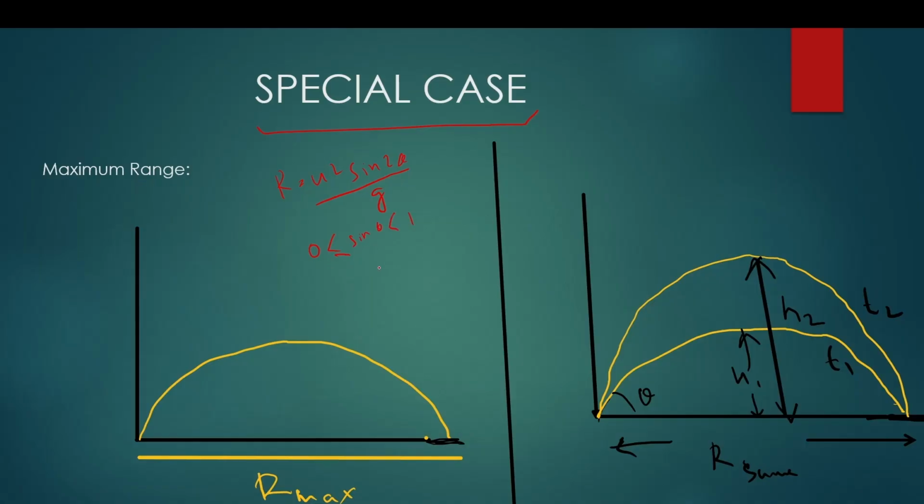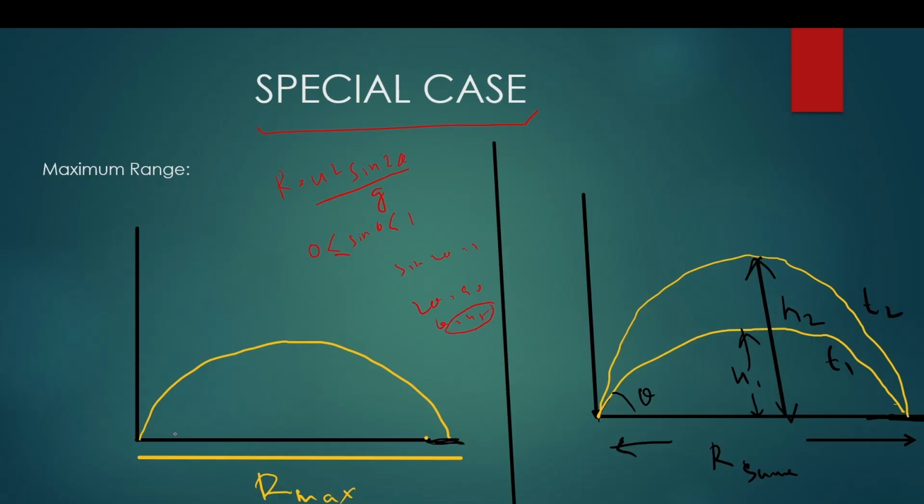So maximum range is when sin 2 theta equal to 1. So 2 theta is equal to 90 degree. So theta equal to 45 degree.